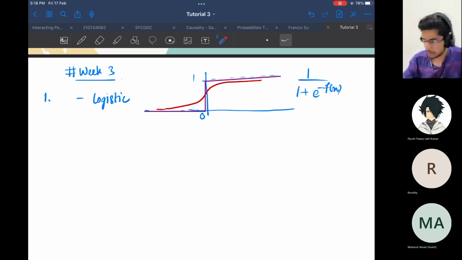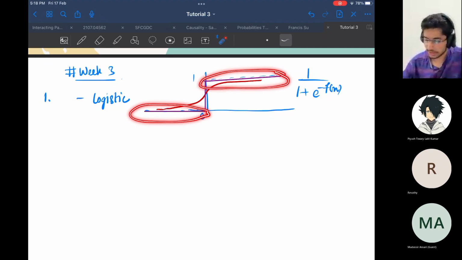However, there are only two levels that it provides. It is able to discretize between two levels, 0 and 1.